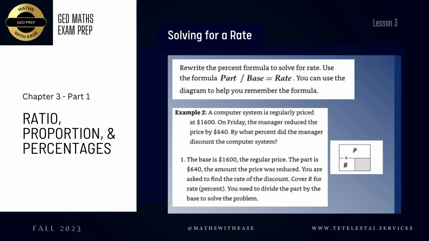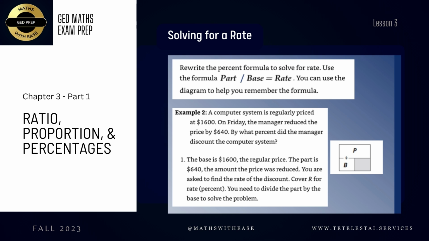So look at the question again and see, okay, well, you know that the question is asking you for a percentage. So immediately you know that we're dealing with a proportion, right? And so on the right-hand side of your equation, we're gonna have some quantity over 100 that's representing our rate, right? Because it's asking you by what percent did the manager discount the system, okay?